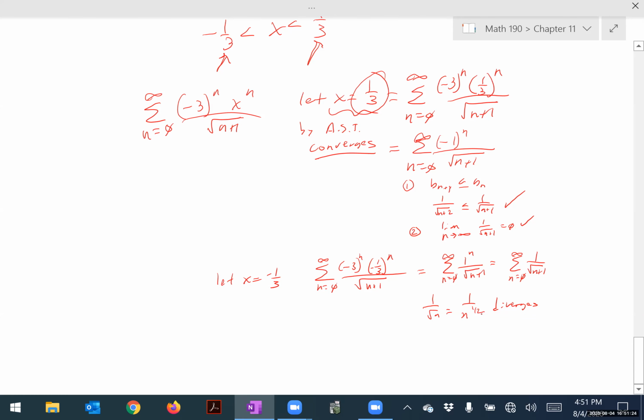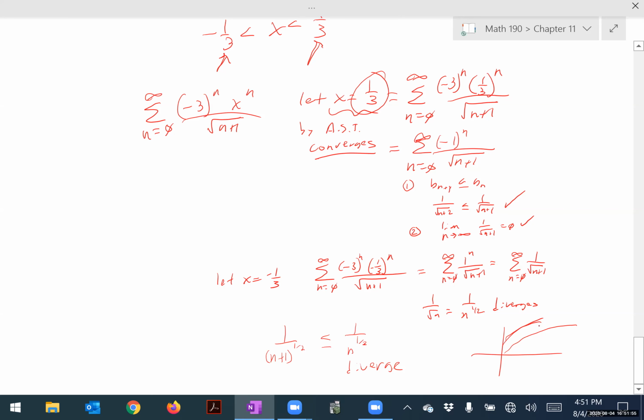This is n to the 1/2. That diverges, okay? So if I try a basic comparison test, 1 over (n plus 1) to the 1/2 is less than or equal to 1 over n to the 1/2. The only problem is it's going the wrong direction. This thing diverges. I want something that's bigger than a divergent, not smaller.